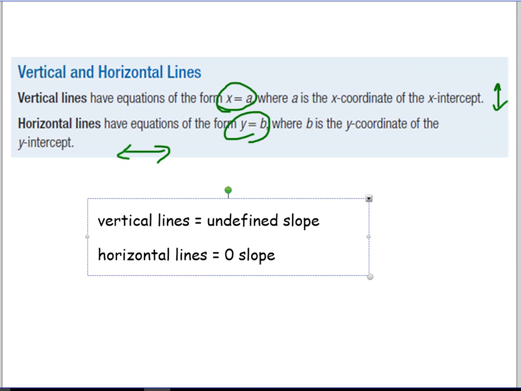And the way I remember the difference between the two is that there's an O in horizontal, that is my 0 for my slope. That's how I remember. And the vertical line is undefined. The horizontal is my 0 for my slopes.